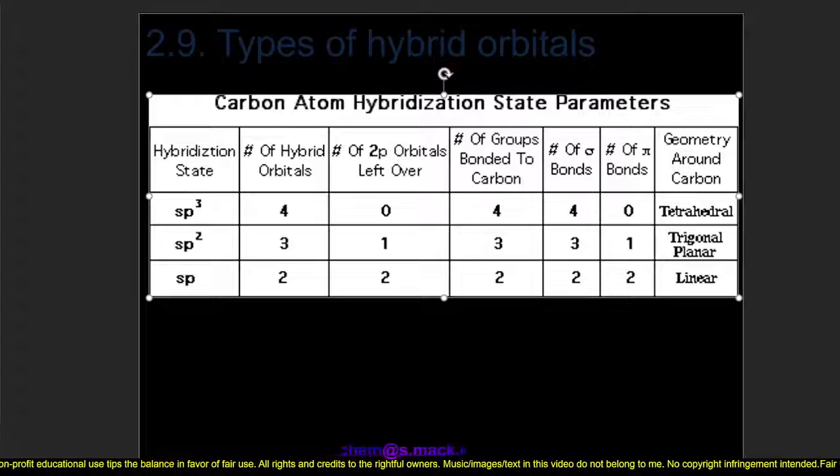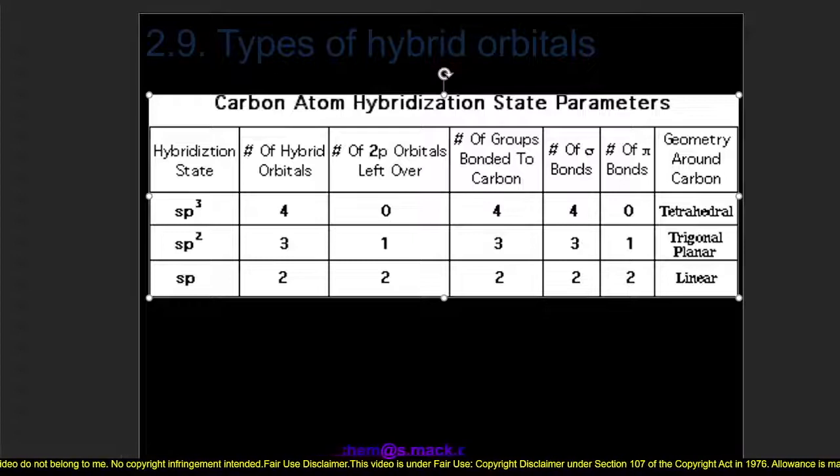These sp2 hybrid orbitals can also overlap end-on with other atomic orbitals to give rise to sigma bonds. 3 sigma bonds around a central carbon atom will lead to a trigonal planar shape. With a trigonal planar shape, you should also know the bond angle, which is 120 degrees.